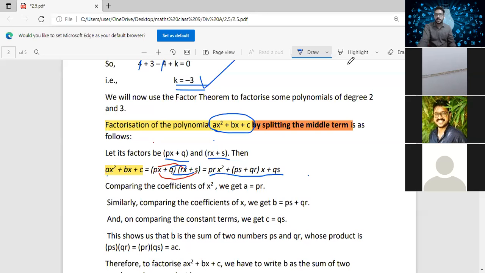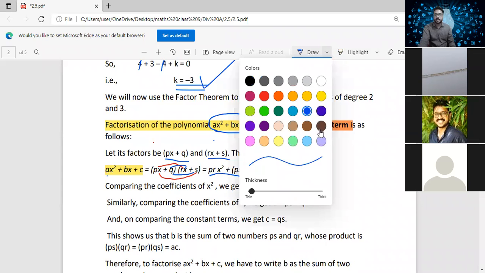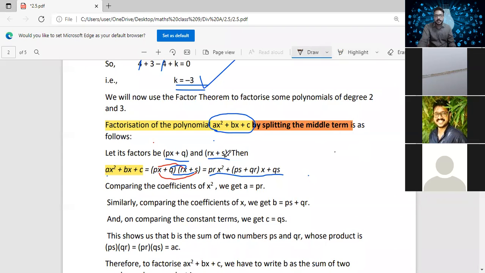So we get pr x squared plus (ps plus qr) into x plus qs. Now what we are doing? Now listen. Again, this is an important part. Now we are comparing this equation and this equation. We are comparing the coefficients of x squared.